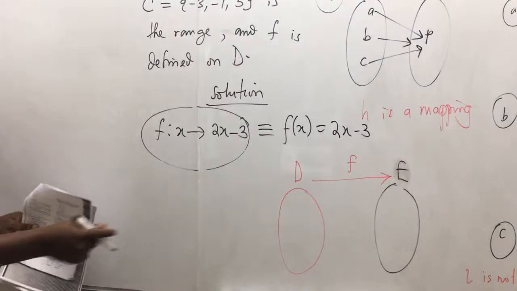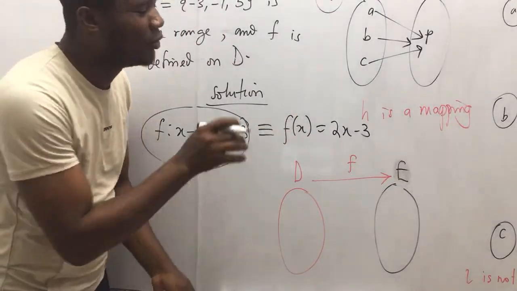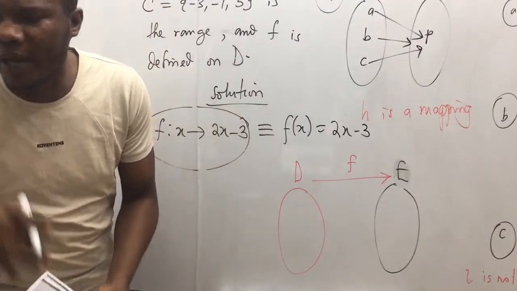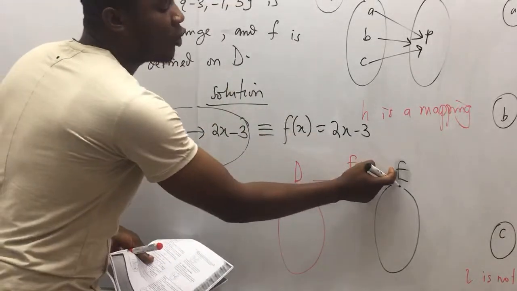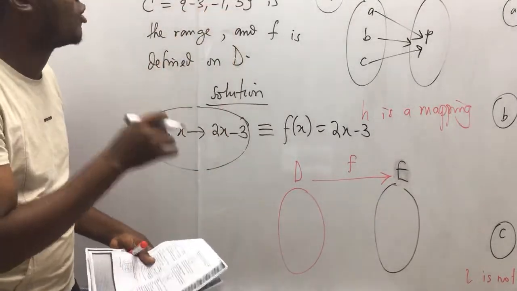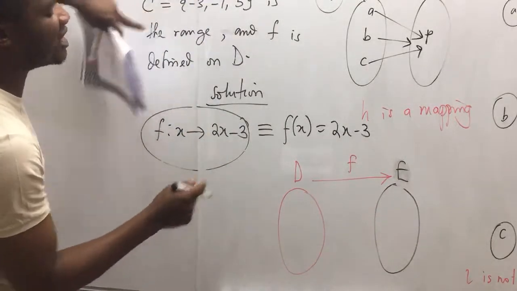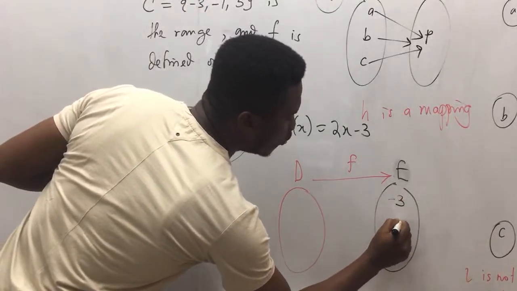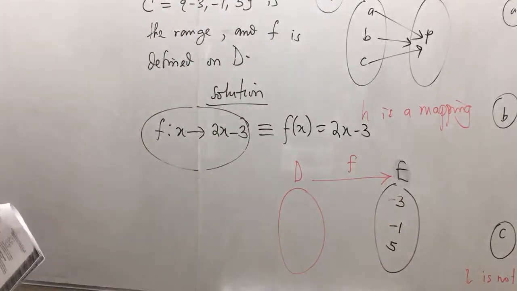Okay, now you will notice, if you remember what we had said earlier on in my class, that the range is a subset of the codomain. So if we call our codomain E, this range that we have been provided is a subset of E. So since C is a subset of E, let us put -3, -1, and 5 into that codomain.